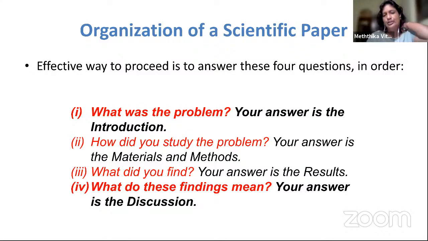That doesn't show anything. You are just reporting your data. But in a scientific paper, you must tell the reader what those data mean. That is the discussion, and it is very important.